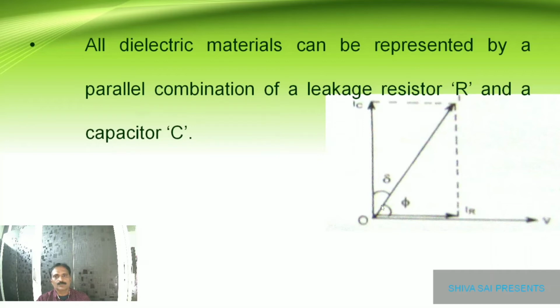Cos phi, as we know, is the power factor. IR will be in phase with the supply voltage, and IC will be 90 degrees leading with respect to the reference, that is voltage. So here delta is considered as the dielectric loss angle, which is equal to 90 minus phi. This is one of the important aspects of this particular method.